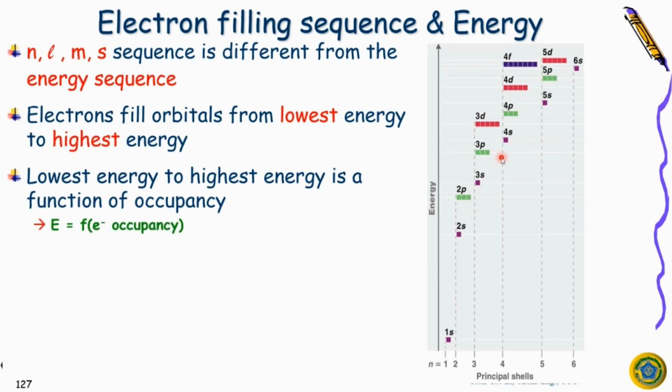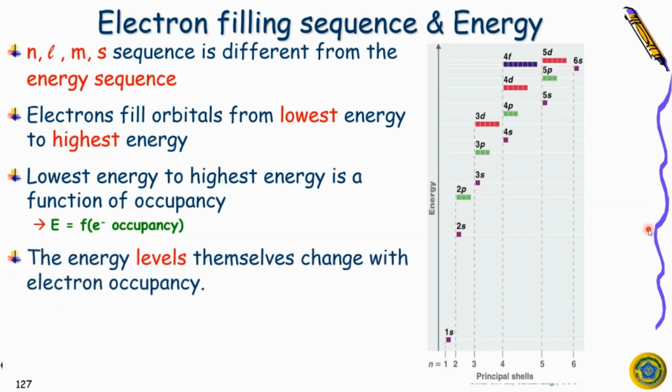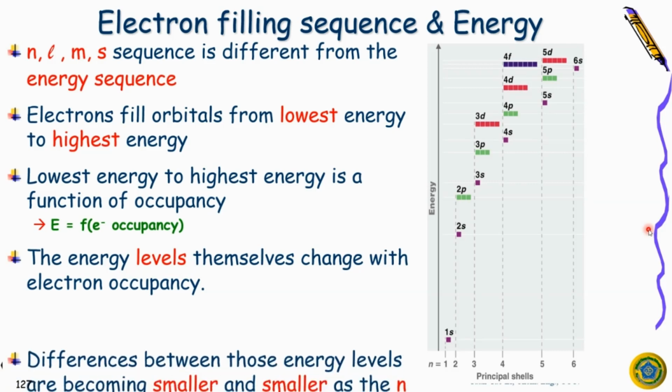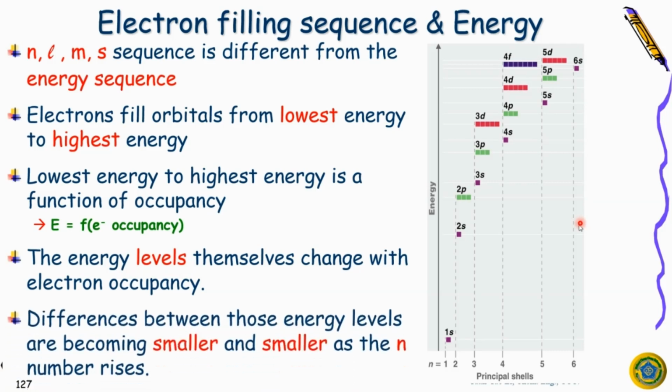If you still have space for the electron here, you don't fill electrons in the next state. You fill in all the electrons here before you go to 4s. So the energy levels themselves change with electron occupancy, and the differences between those energy levels become smaller and smaller. The gap becomes smaller.